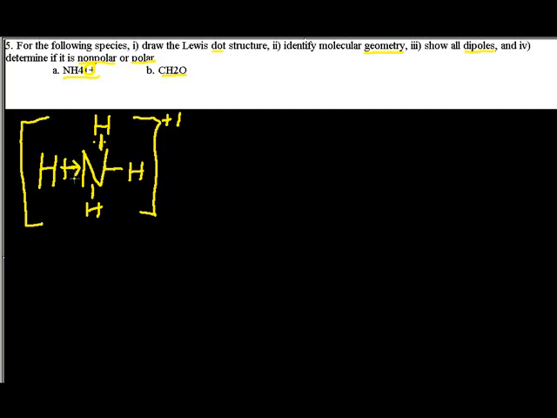So what I just drew, that is showing the dipole. It shows that the electron cloud favors the nitrogen area, and that leaves the hydrogen area with fewer electrons hanging around, making it a polar positive region.